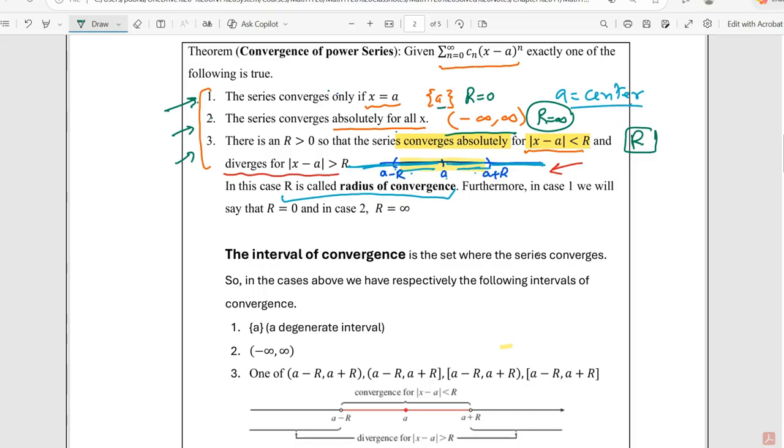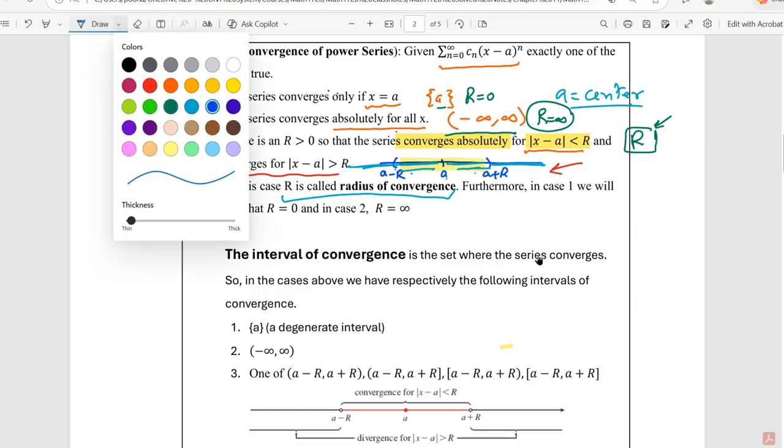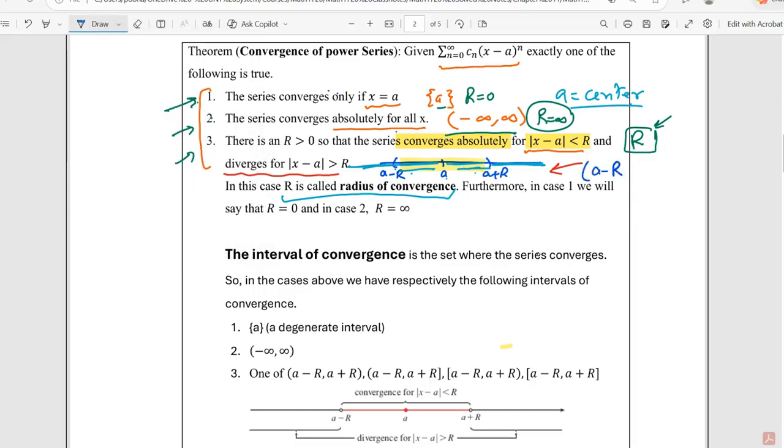If R is positive and the series converges only for this interval, absolute value of x minus a less than R, and diverges otherwise, then we call R the radius of convergence, and the interval of convergence here is a minus R to a plus R.